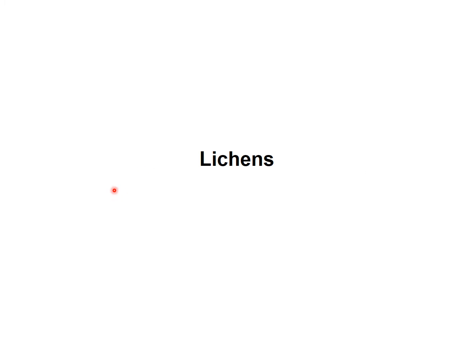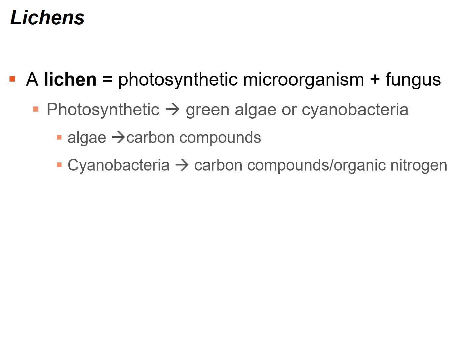Lichens really aren't an individual fungus on their own. It's actually a relationship between two or more organisms. Within a lichen will always be at least a fungus and some photosynthetic microorganism. Now, the photosynthetic microorganism could be an algae, or it could be a cyanobacterium, or it could be both.